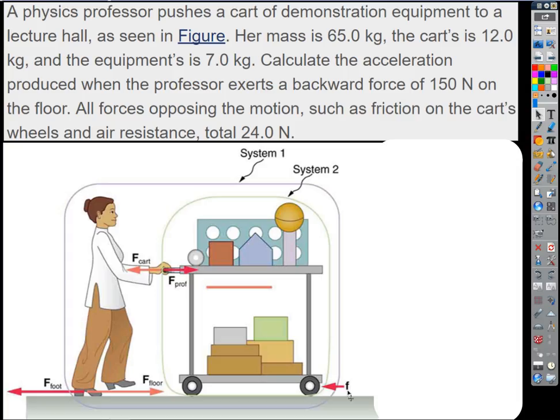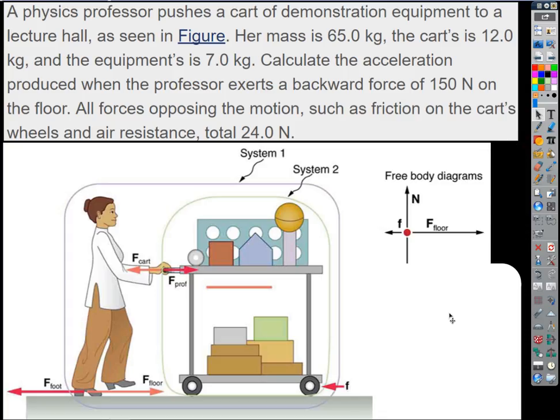You get that? Okay. If we wanted to get very specific, we could look at a free body diagram for this. Here's our system, right there. That's everything. We've got the frictional force pushing backwards.